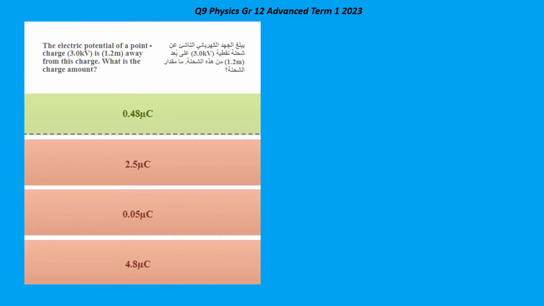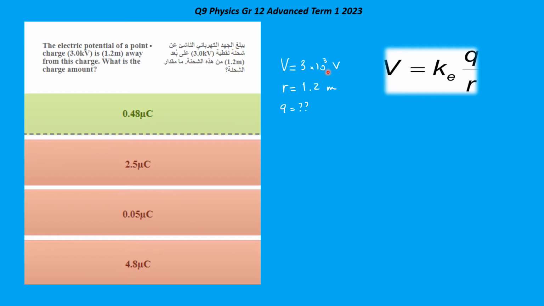We continue. The electric potential of a point charge is 3 kilovolt at 1.2 meter away from this charge. What is the charge amount? So here, we need to remember the equation that connects all these together.